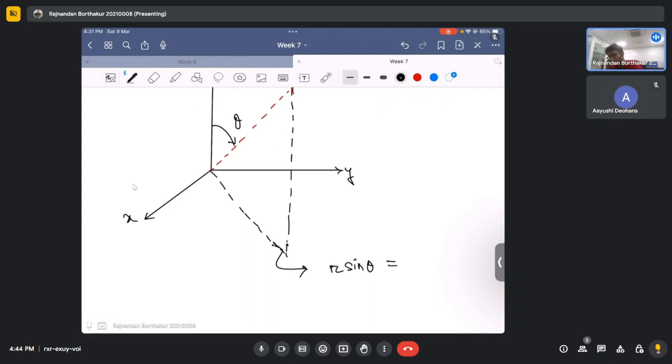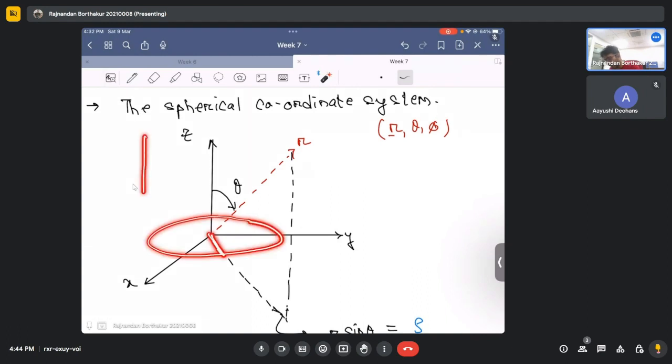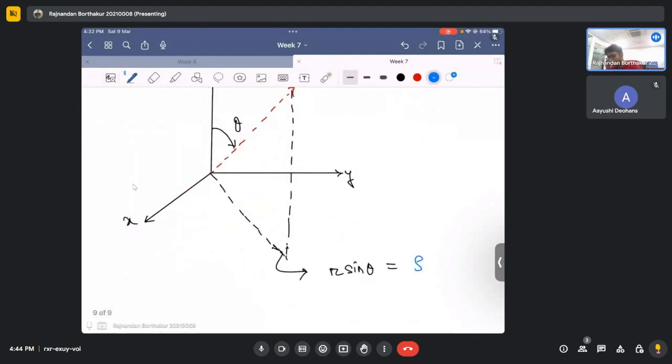In order to distinguish the nomenclature, we will denote the cylindrical radius as rho. This is obvious, right? Because the cylindrical system has the r theta plane, which coincides with the xy plane. This is the cylindrical radius, with the axis of the cylinder placed like this. So this is the cylindrical system, right? So r sine theta is nothing but the cylindrical radius.